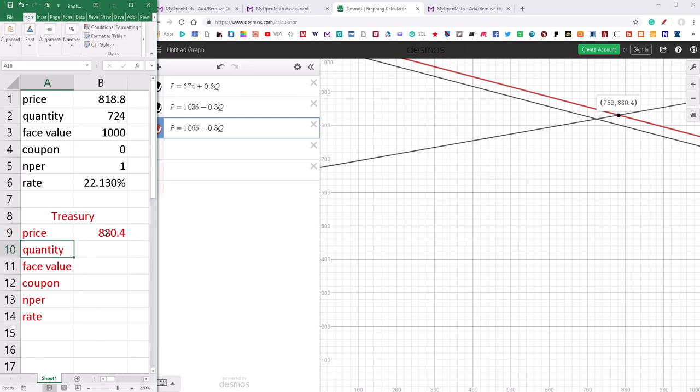The quantity increases to 782. The face value is 1,000. Coupon is 0. Number of periods is 1. And the rate equals... I've got to put a negative sign in front of that. And then 1,000.